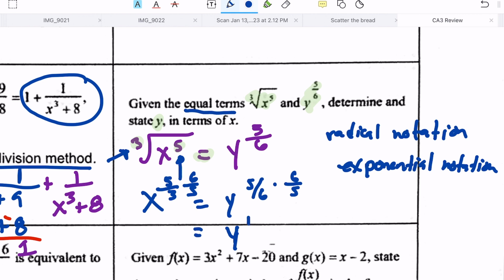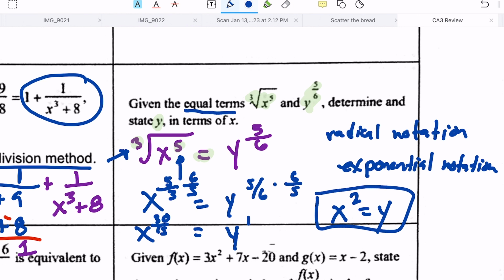And then this is going to become x to the 30 over 15. Well, 15 goes into 30 twice. So this becomes x squared equals y. So we have y by itself, and so this is y in terms of x. We can also do it the other way around.